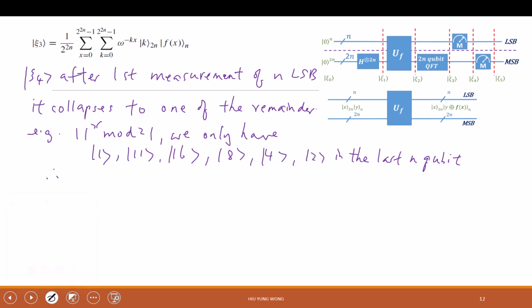So assume it collapses to f of x0, right? This is f of x. So let's say the first one is f of x0.